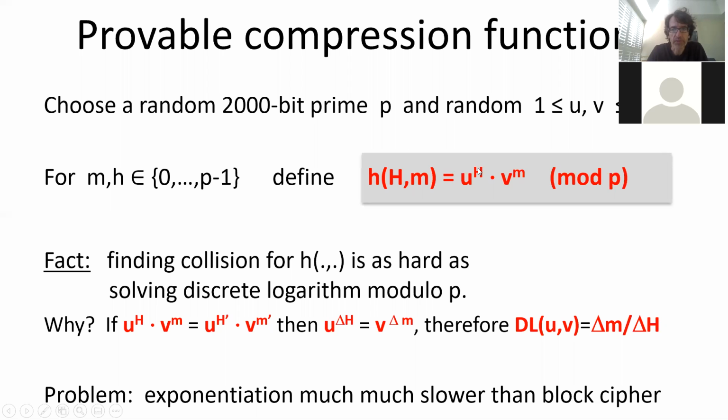The trapdoor in this case is this discrete logarithm between u and v. Here you have it in the clear: we could all rest easy if we could trust the public parameters to be honestly chosen, and by the same token, if this trust is unjustified, then we should all be very worried.